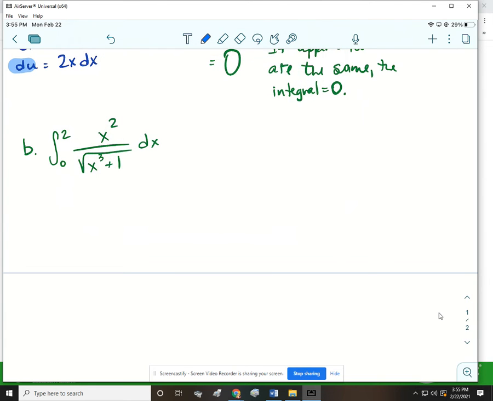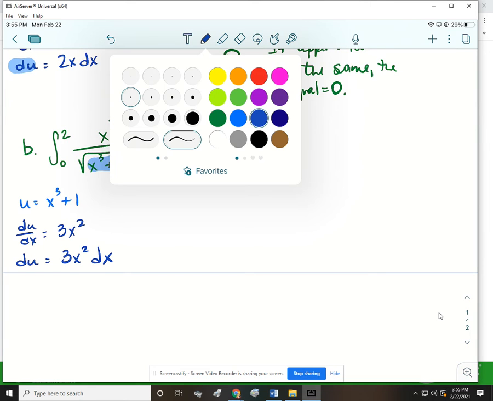All right, so let's just go ahead and figure out what our inside function is. And the inside function is going to be what's under the radical, which is going to be x cubed plus 1. All right, the derivative of that is 3x squared. So du should be 3x squared dx. All right. And then we're going to need to correct our integrand.